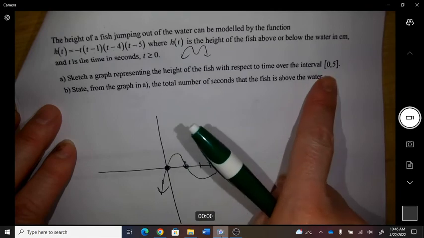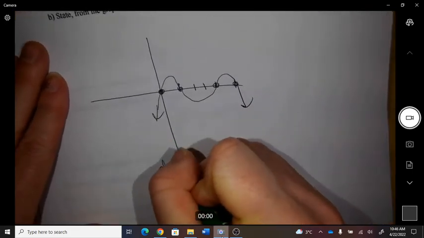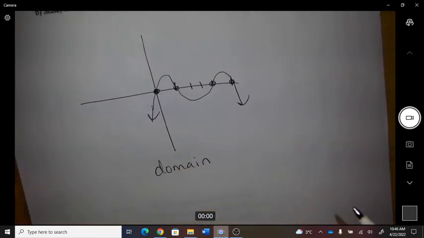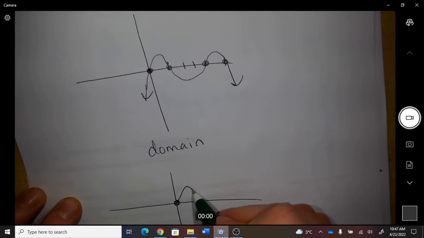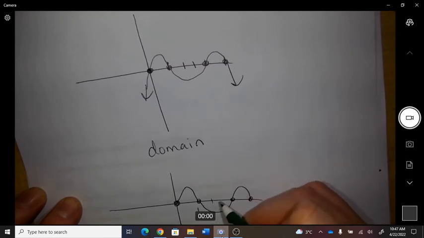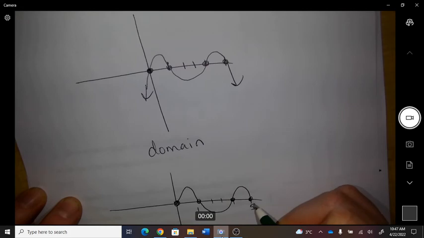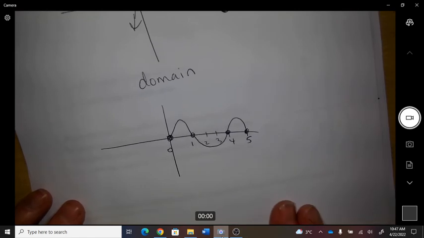But we want to only sketch it from the interval of 0 to 5. So with the domain, our graph should look like this. Okay, so I'm only going to graph that part of it because of the domain.